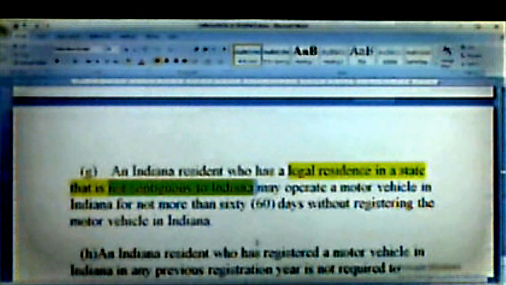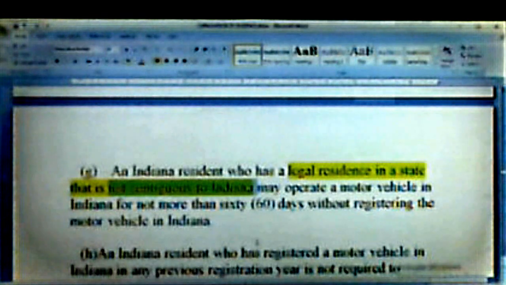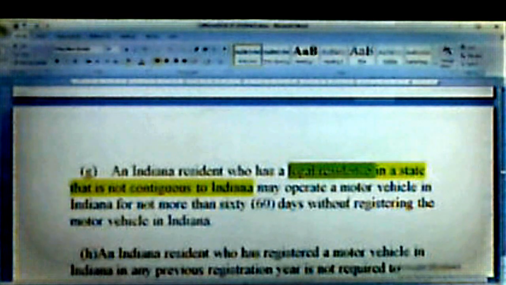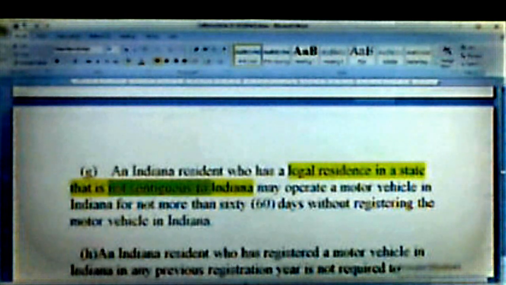Okay? And it said there that you had to have a legal address in 2 or more states to be considered a resident. Right? In order to be considered a resident, you had to have a legal address in 2 or more states. Right? You needed a legal residence in a state that is not contiguous to Indiana. That means it's not inside Indiana, not within the Indiana borders. Right?